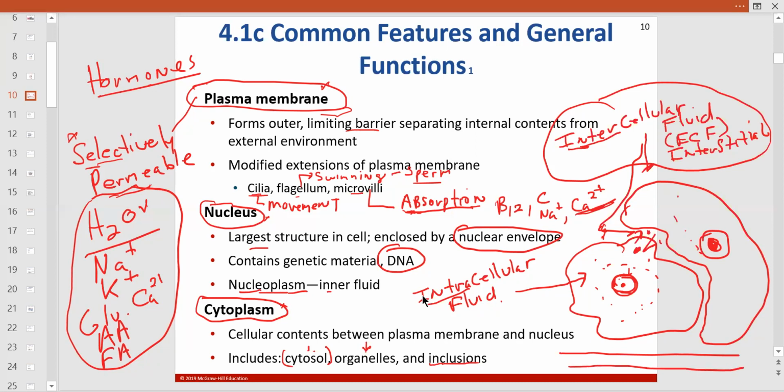Let's say oxygen is carried in the red blood cell. So oxygen, O2, goes into the interstitial fluid, and then it's got to get into the cell to get to the mitochondria to make what for energy? With glucose. Glucose is out here. It makes ATP. You see how that works?